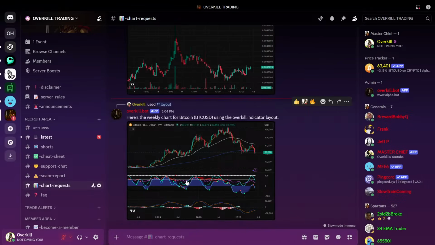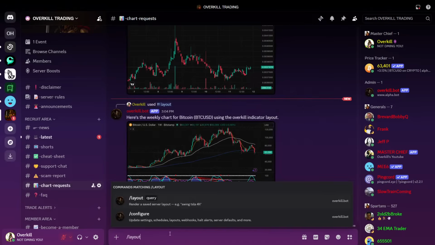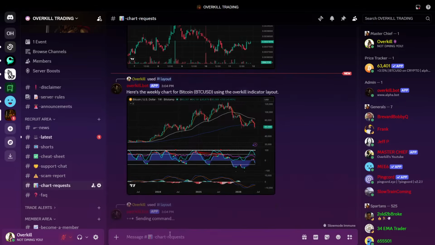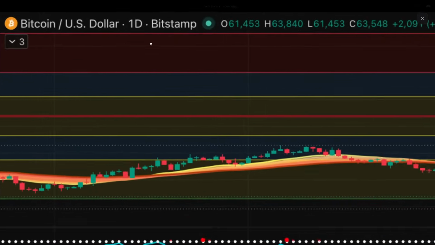And if you wanted to see a different time frame, you just do the same thing. Just type in /layout, hit enter, type in Bitcoin daily, and that will get you the daily chart of Bitcoin. So that is now fixed. Sorry for that being down yesterday. I didn't know it was going to explode and be so popular over in the Discord, but you guys now have access to this. Here's the Bitcoin daily chart.